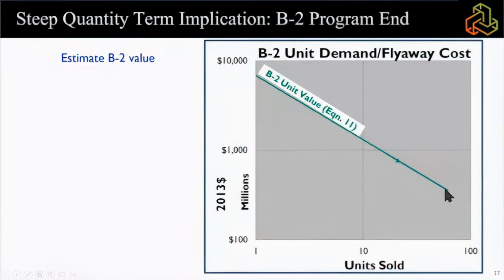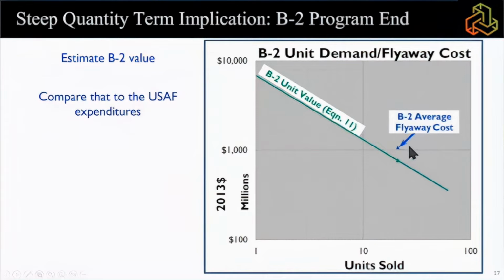We get this unit value curve here. It's from equation 11 of a paper I gave some time ago. And then the USAF spent this amount on an average basis to get their 21 vehicles. They stopped here. And so what that means, ladies and gentlemen, is that there's an average cost curve that we could regress backwards and then work out a unit cost curve going forwards.